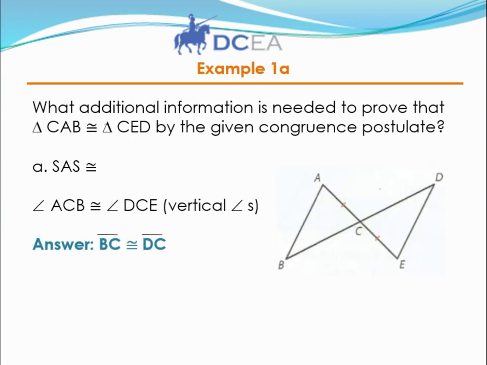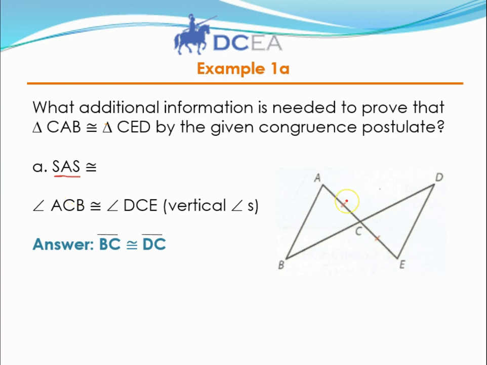Example 1A. What additional information is needed to prove that triangle CAB is congruent to triangle CED by the given postulate? So we're going to find out what information we need to make SAS possible.